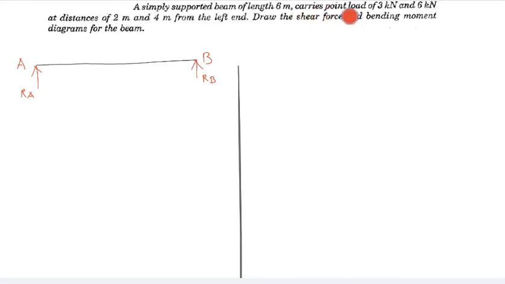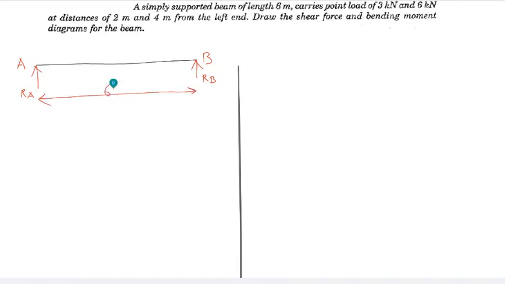It carries point loads of 3 kilonewton and 6 kilonewton at a distance of 2 meter and 4 meter from the left end. So it is carrying a load of 3 kilonewton at 2 meter distance from left end. The total length is 6, so we'll mark the total distance equal to 6 meters.